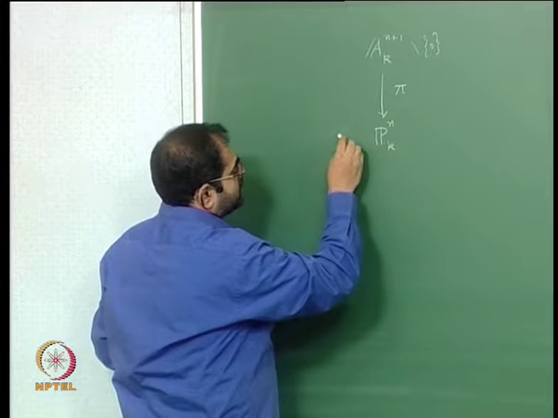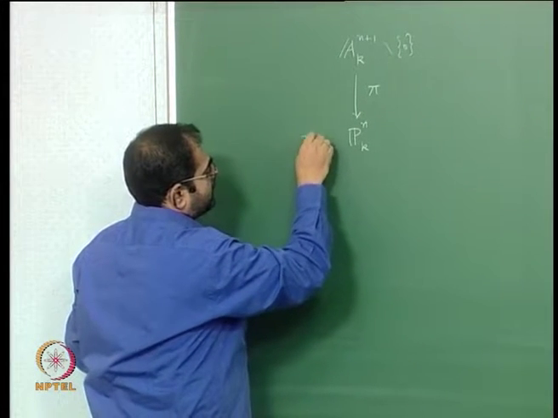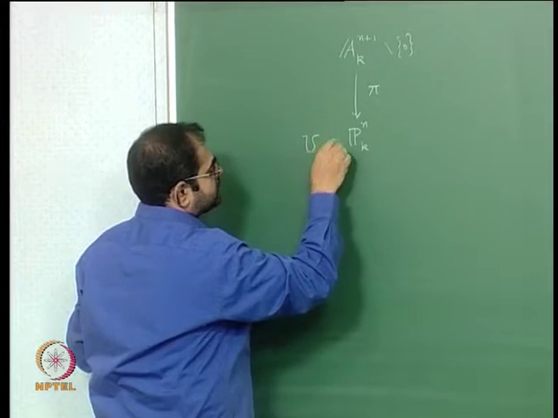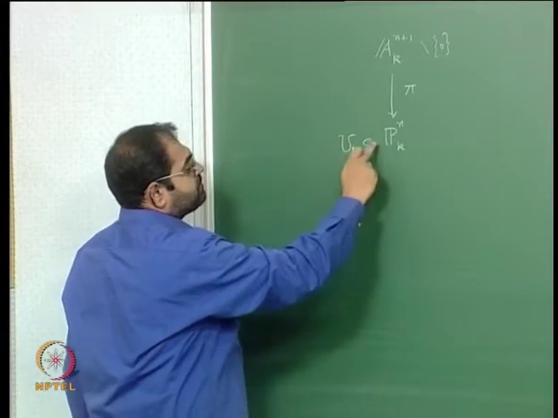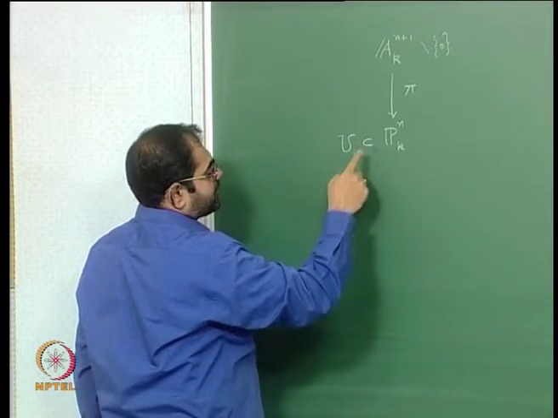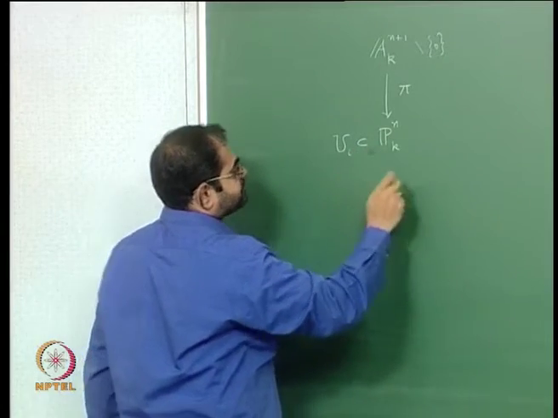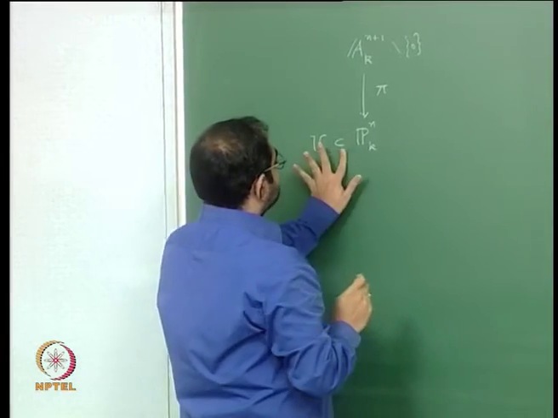So you define the subset Ui, which is the locus where xi does not vanish.